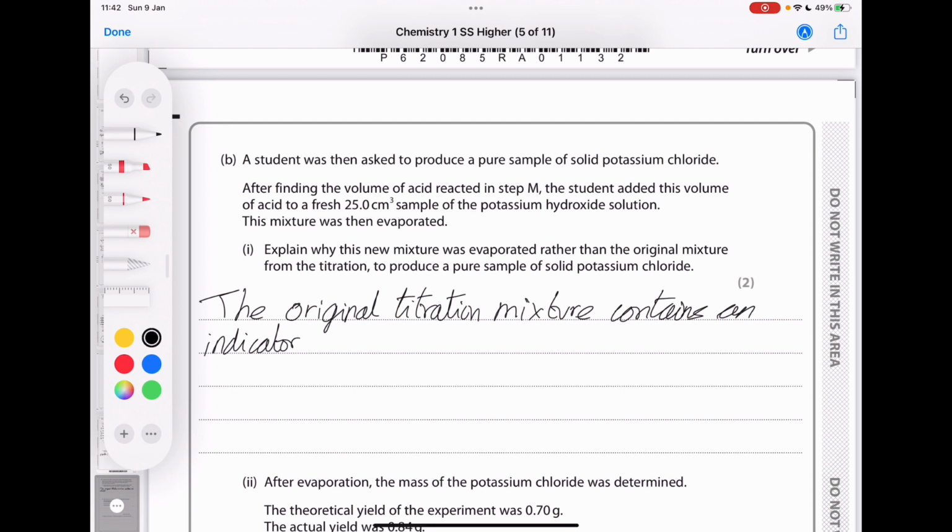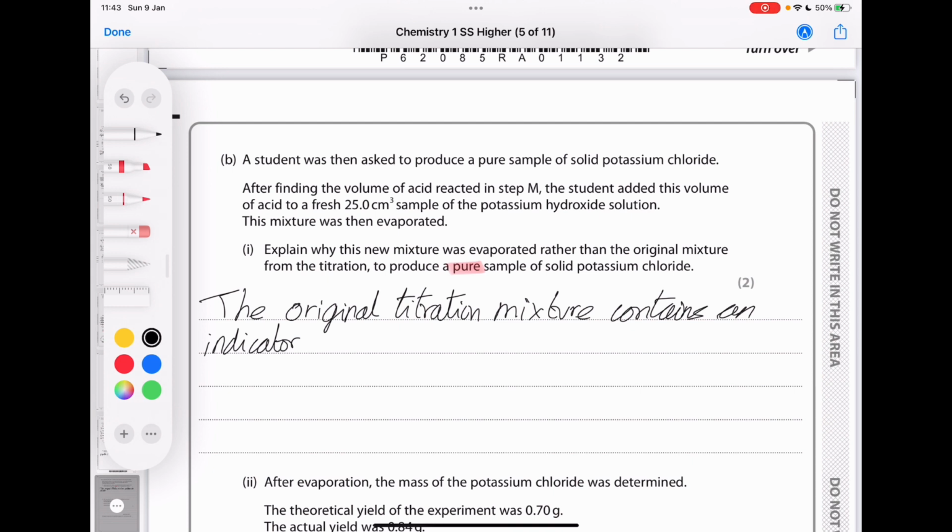And therefore, because that original titration mixture contains an indicator, you cannot get a pure salt, because pure means there's nothing else in this apart from potassium chloride. If there's an indicator in this, you've not got pure potassium chloride.